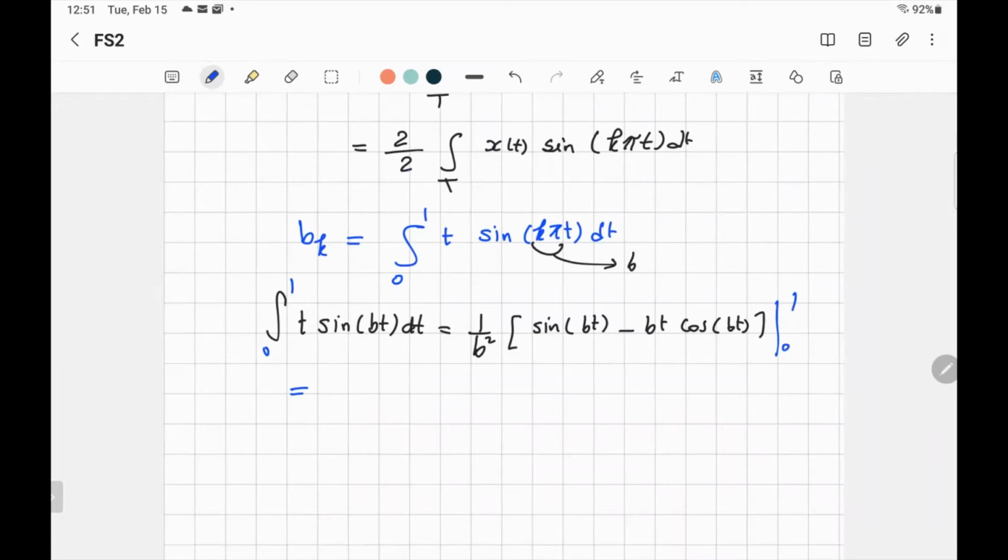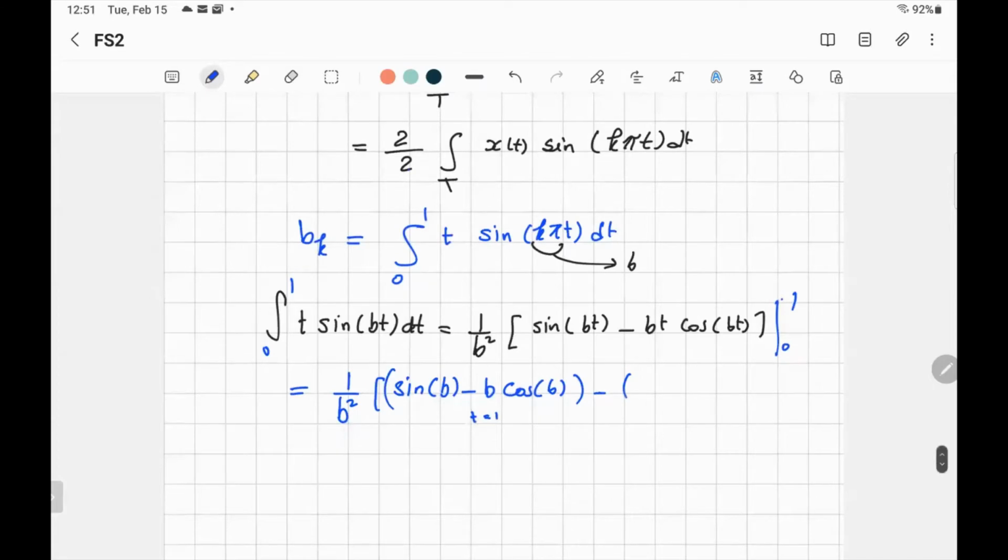It will be the same process. Okay, let's just do it. I'm not going to give you the final result. So it'll be a bracket: 1 over b squared times sine b minus b times 1 cosine b, because you put t equal to 1.